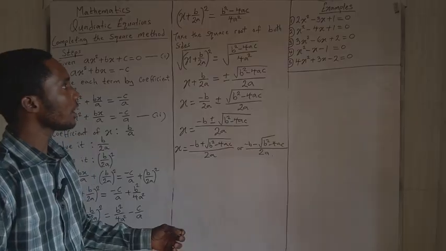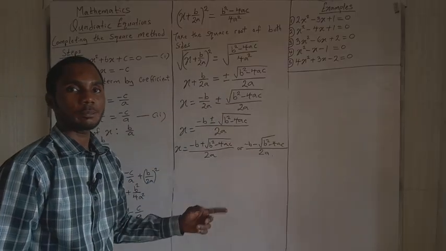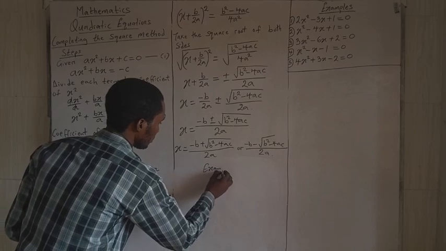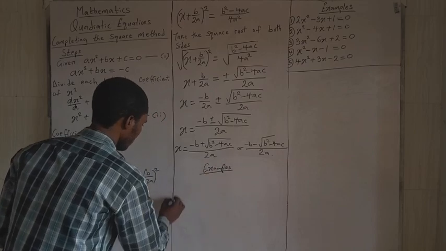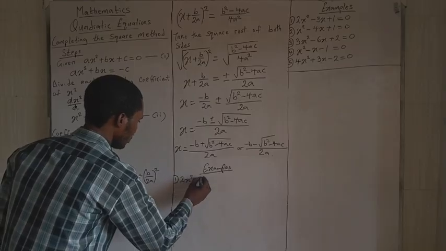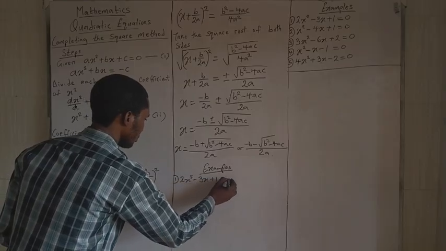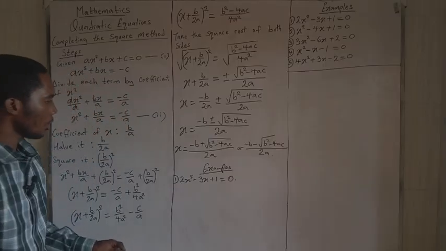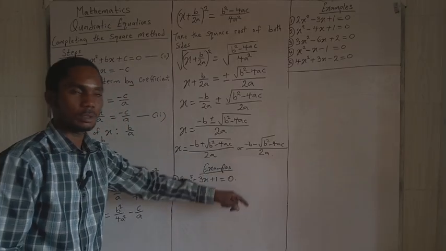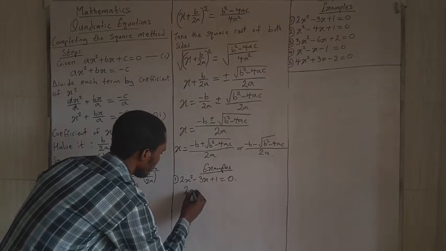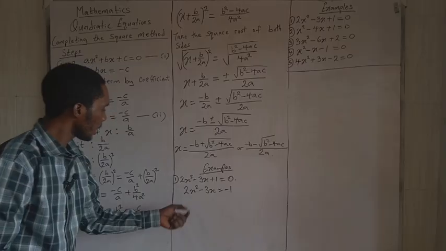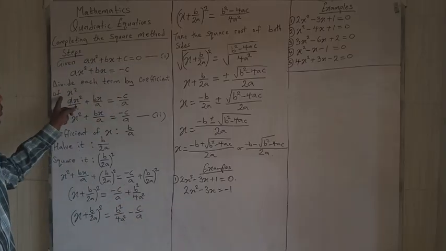The first question we have here is 2x squared minus 3x plus 1 equals 0. What we are going to do first is move the constant to the other side of the equation, and that is 2x squared minus 3x is equal to minus 1. Next is to divide each term by the coefficient of x squared.